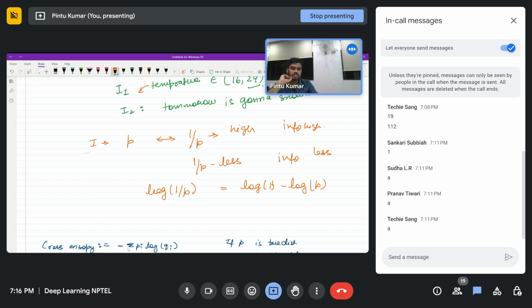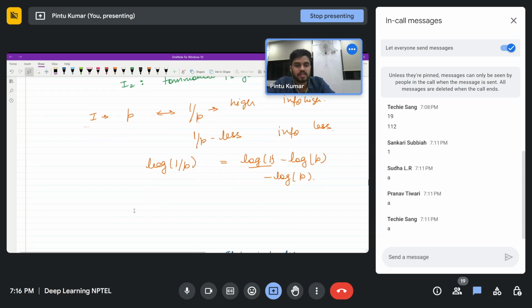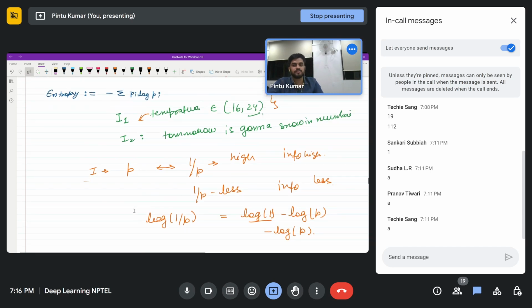Okay, so this term is 0, so this is minus log p. So minus log p of an event is the information that particular event carries. So the extra information that a particular event gives you is captured by minus log p. And if you take the expected value of that thing, that is given by this thing. So this is minus summation pi log pi.